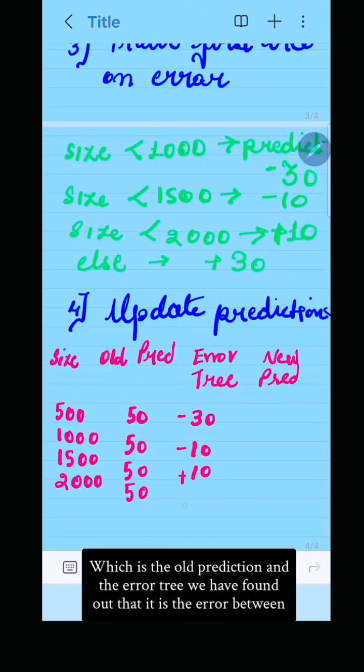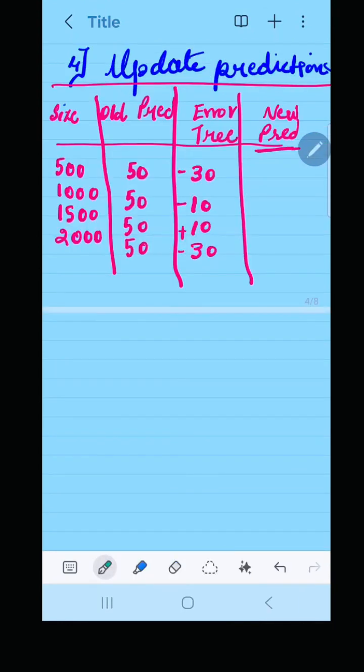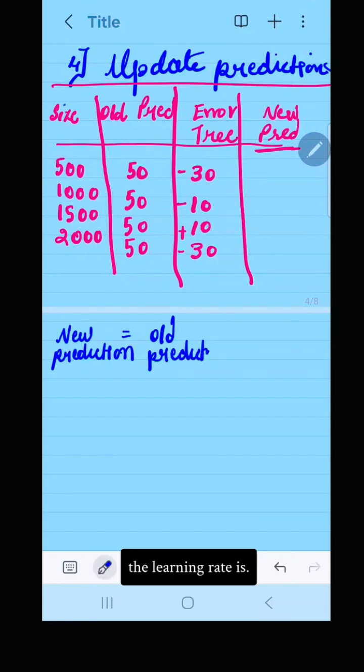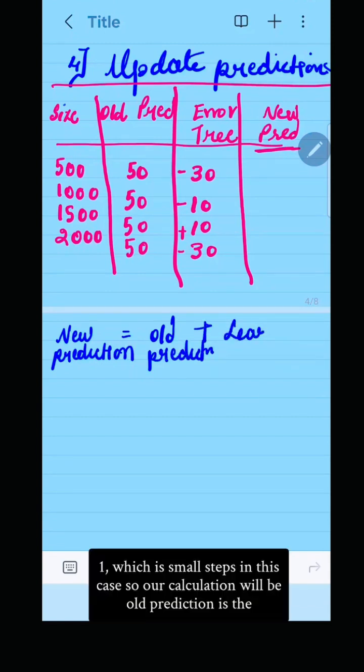And the error tree, we have found out, is the error between the price and old prediction. New prediction is equal to old prediction plus learning rate into error tree. Let's assume the learning rate is 0.1, which is small steps in this case.